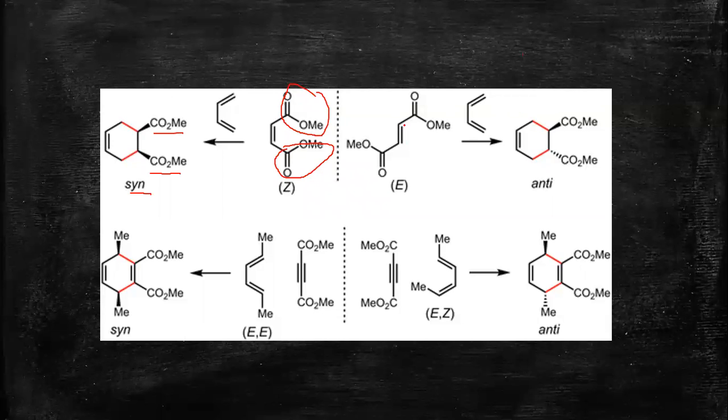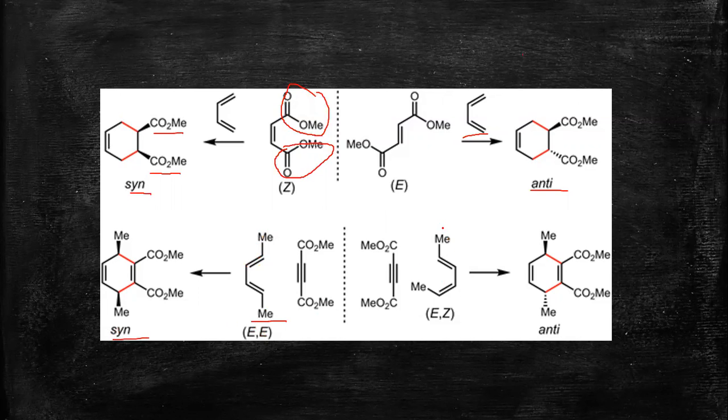And if we have a dienophile with opposite side substituents interacting with the diene, it would result in the formation of anti-product and can be shown in structure as dotted and wedge. And if the diene has substituents both at the same side, with the same orientation, it would result in the syn product.